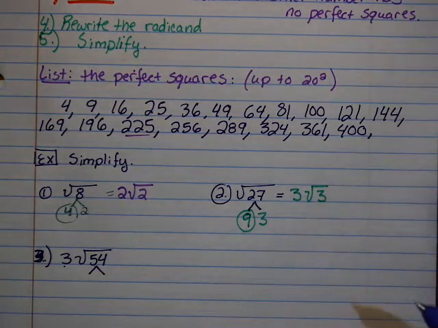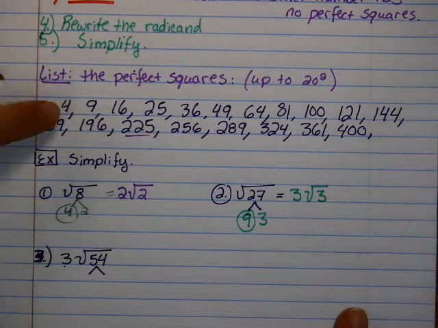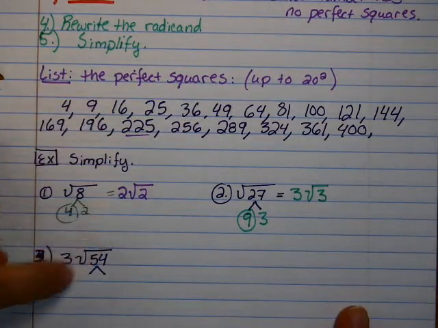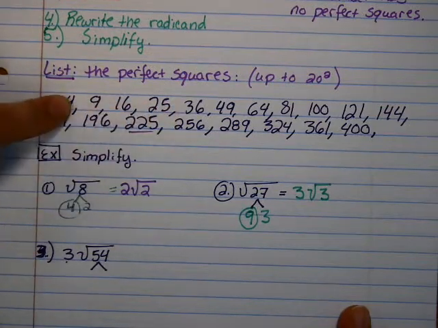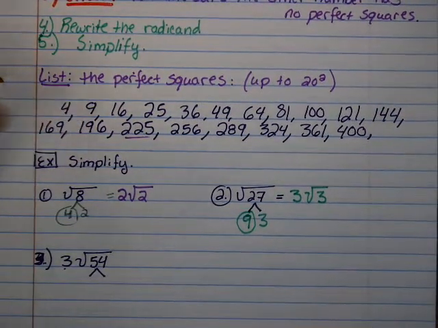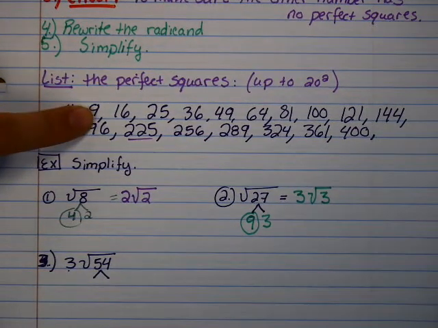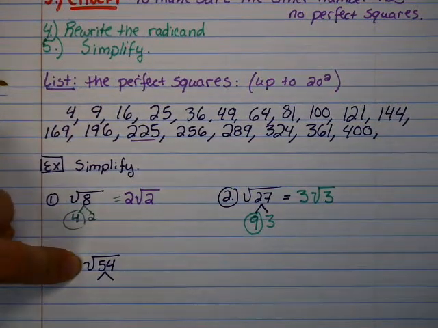If I can't think right off the bat what it is, let's go through all these. So I have 4, 9, 16, 25. Let's just look at the first 4. Which one of those could be a perfect square? Well, if I look, 9 is the largest perfect square because I know 9 times 6 gives me 54.